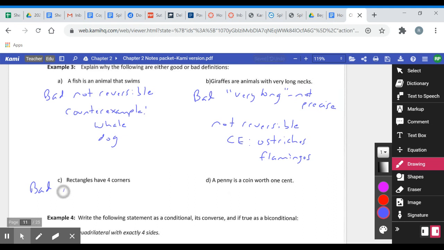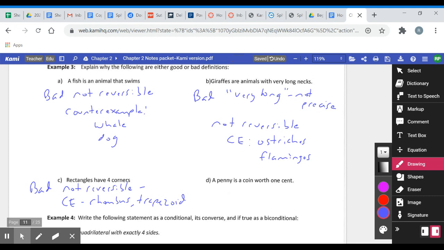Okay, so I'm going to say not reversible again. And again, technically all quadrilaterals, all four-sided figures have four corners, but not all of them are rectangles. So, for some counterexamples, I could say a rhombus, or I could say a trapezoid, and you may think of some other ones as well.